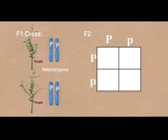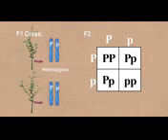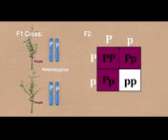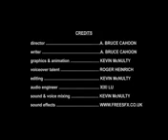The boxes in the middle are used to predict every combination. We notice after filling it in that 3 of the 4 possible combinations would produce a dominant trait because they have at least one dominant allele, and 1 of the 4 would produce a recessive trait because it has 2 recessive copies.